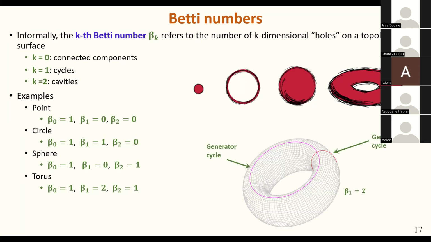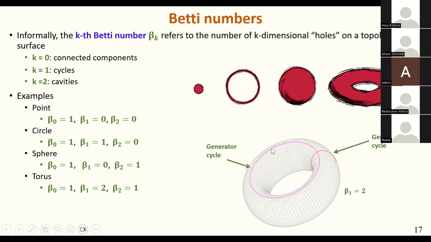And the torus, which is a little more complicated to see, is one connected component. It contains two cycles, because if you take this cycle in red here, you cannot reduce it to a point. And if you take the vertical cycle in red, you cannot reduce it to a point.